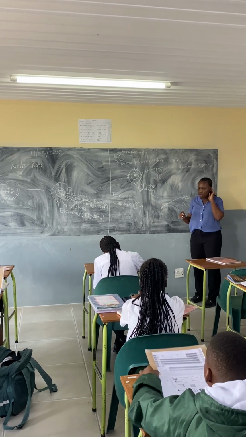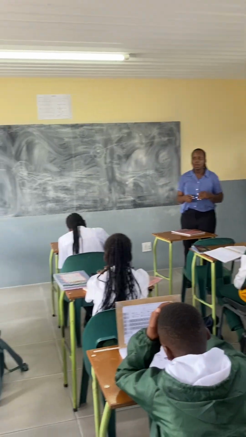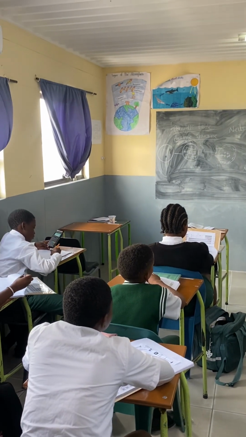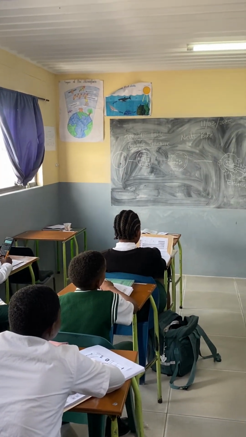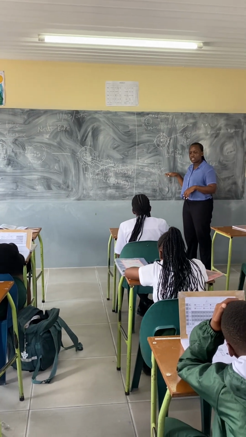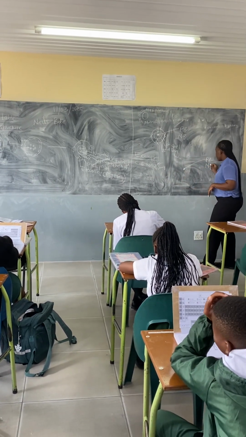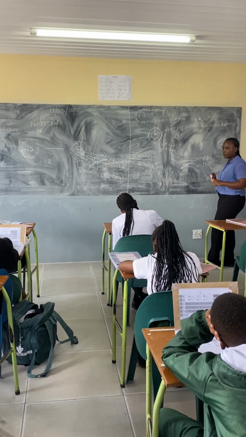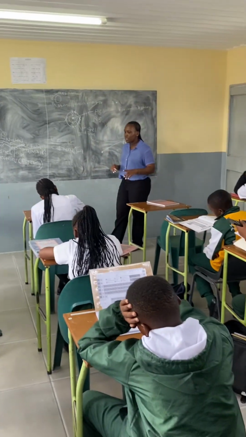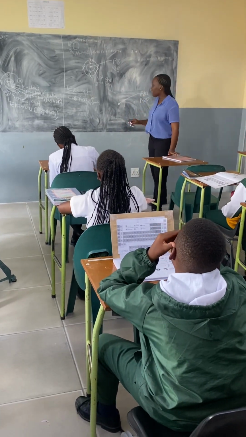How do we find the neutron number? Subtracting the difference between the mass number and the proton number. So if you take 20 from 40, what will you remain with? 20. Okay? And then after the nucleus, what do we draw next? The first shell.